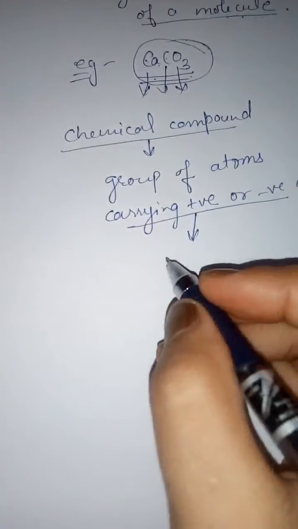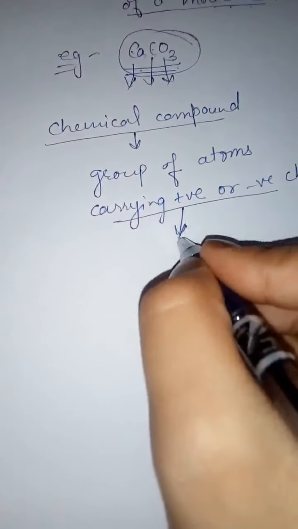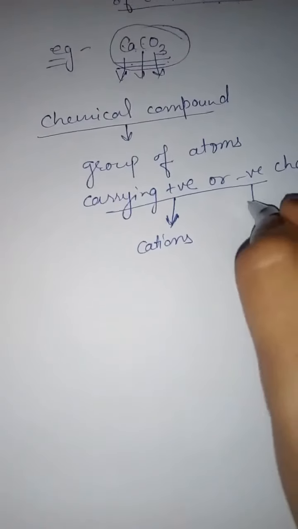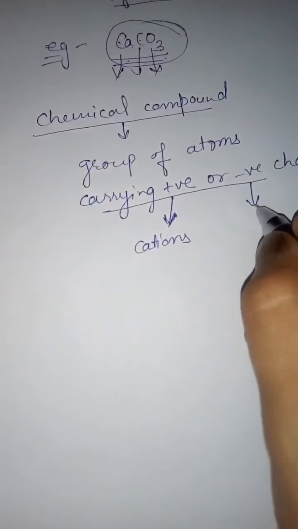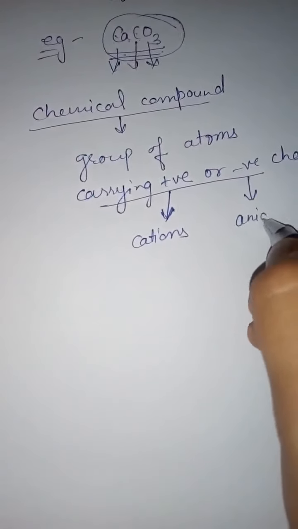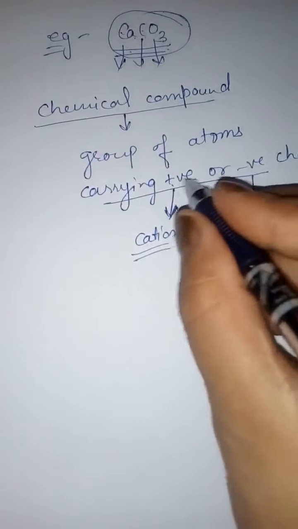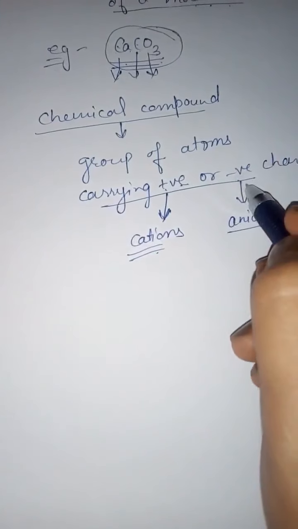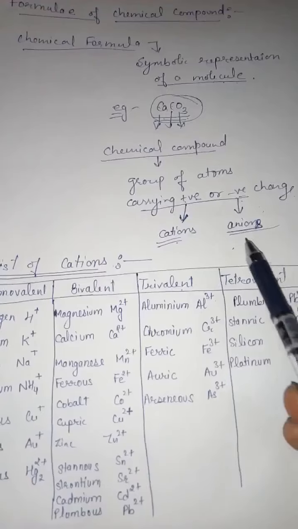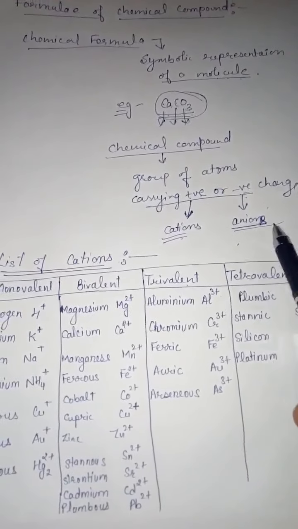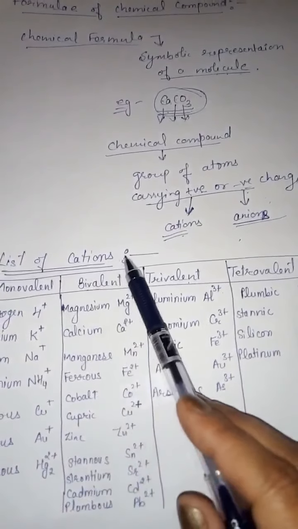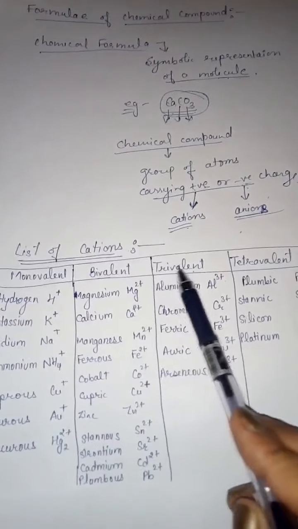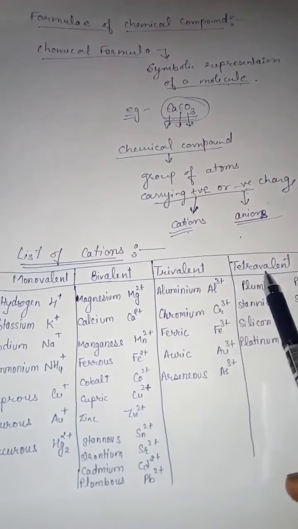The positively charged ions are called cations and negatively charged ions are called anions. That is, positively charged ions are called cations, negatively charged ions are called anions.